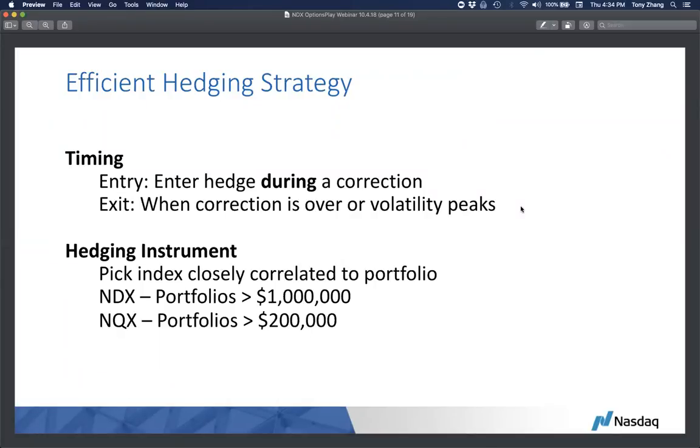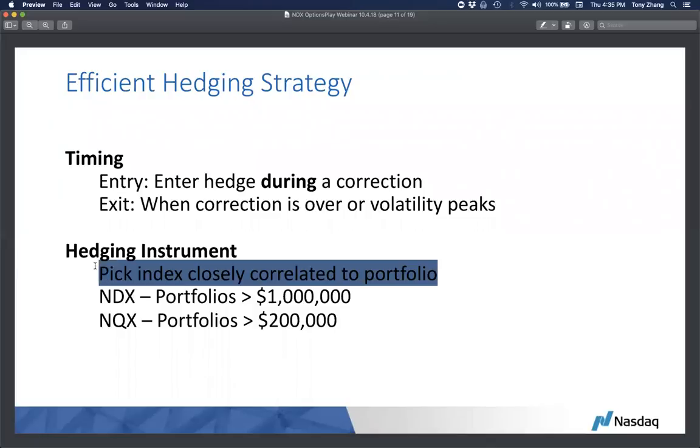So now that we talked about timing a hedge, what do you actually buy? What put option do you buy for a hedge? This is really where it's best to pick an index closely correlated to your portfolio. Most of you probably have a well-diversified stock portfolio.